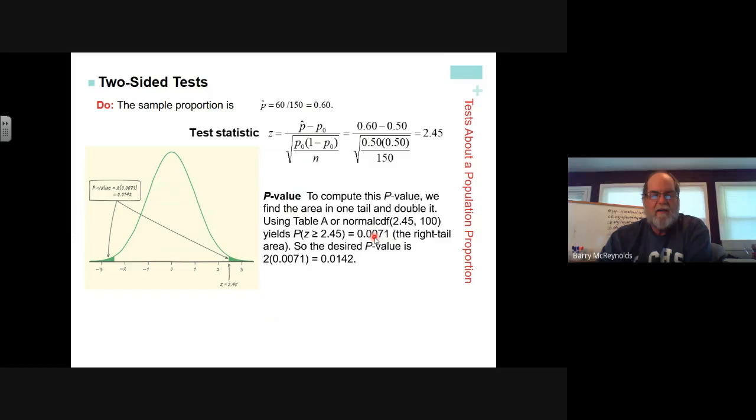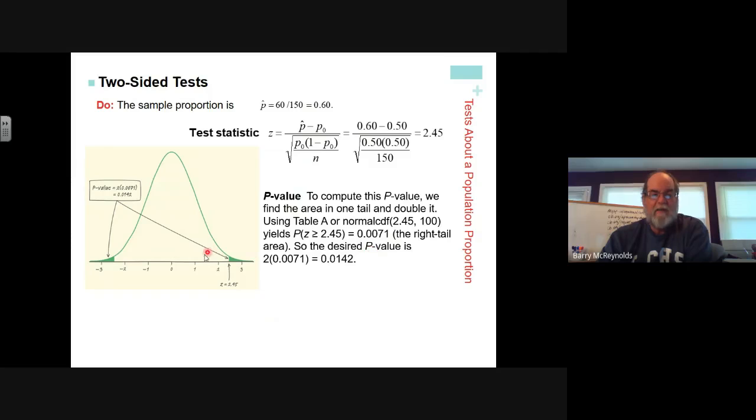Now here's the trick. Table A is going to give you this value right here. What you have to remember for a two-tailed test is that we're considering the area in both halves. So we have to take this value and multiply it by 2 in order to get the actual p-value.